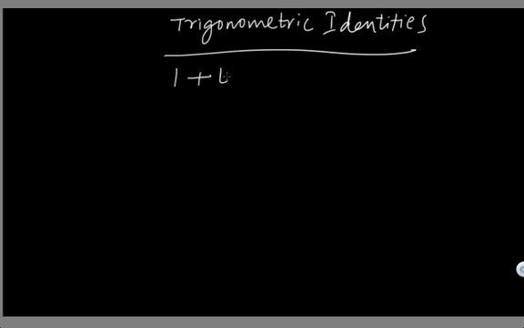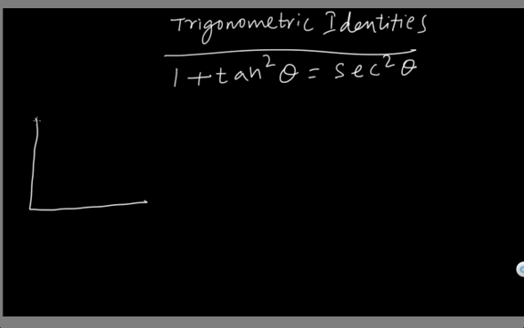In this lesson, we will learn about the second trigonometric identity: 1 plus tan square theta is equal to secant square theta. We can prove this in two ways. The first way I can show you by drawing a right angle triangle, which is ABC.